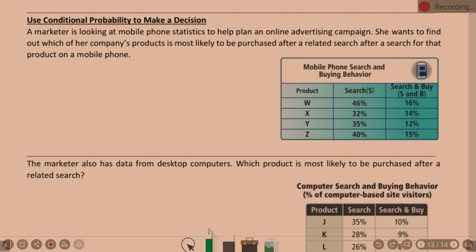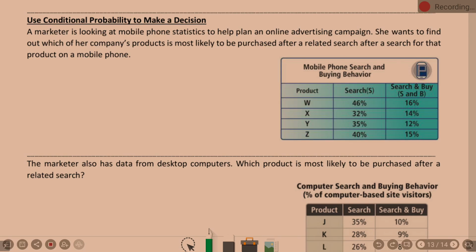Now, if you look here, we're looking at mobile phone searching and buying behavior. So it's kind of the connection between you search for something and do you or don't you buy it. She's got 4 products here, W, X, Y, and Z, because of course, what else will we have them, right?